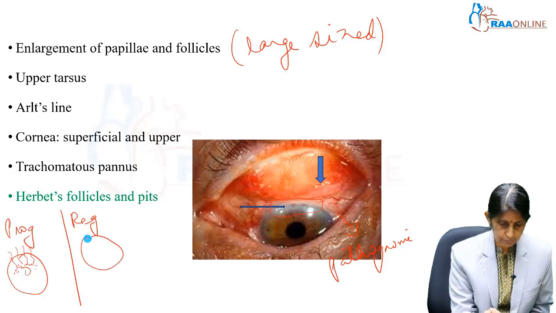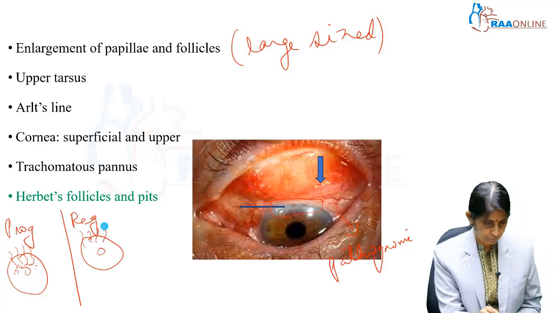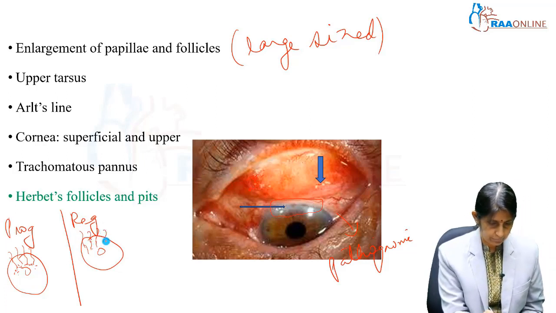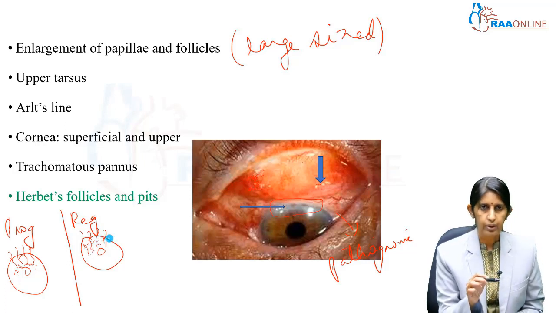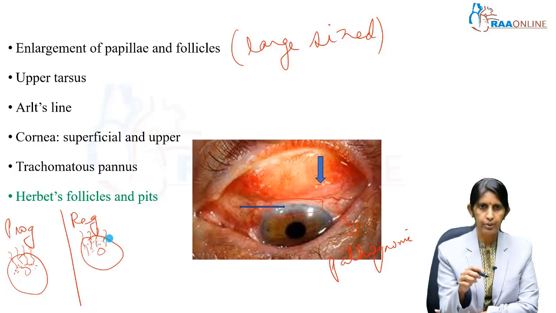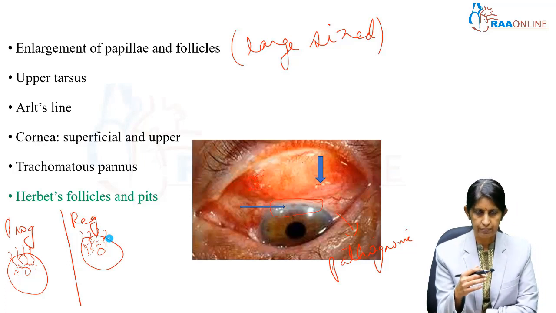Whereas if it's a regressive pannus, you have blood vessels and you have cellular infiltrations that are associated with the blood vessels. So point here is, if it's progressive, there will be a growth of blood vessels anterior to the cellular infiltration.